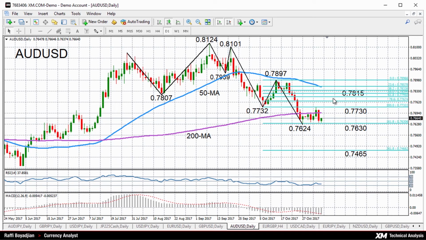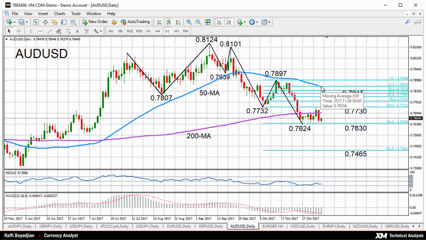Though for a stronger shift to a more bullish bias, at least in the short term, we would see prices rise above the 0.78 handle. We have potential resistance at around 0.7815. That's the 50% Fibonacci retracement of the up leg from 0.7730 to 0.7897.